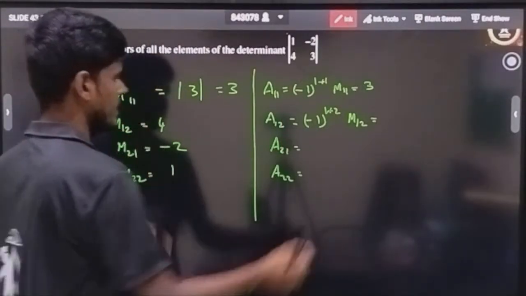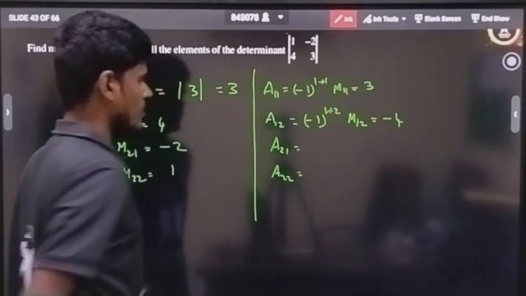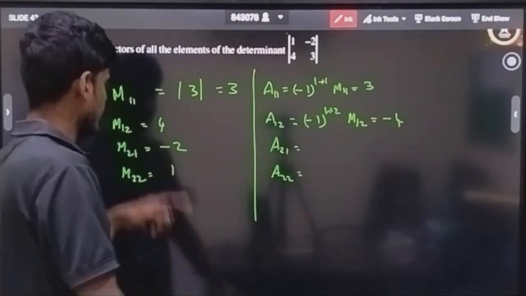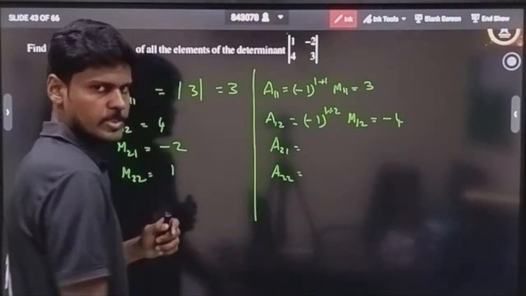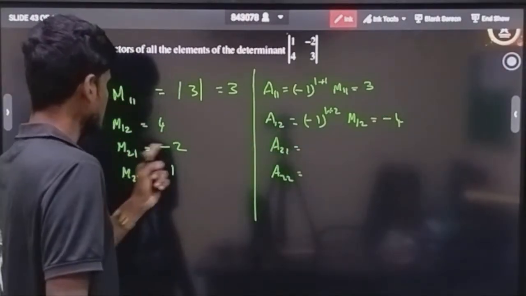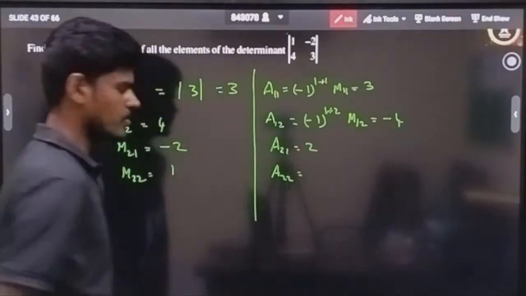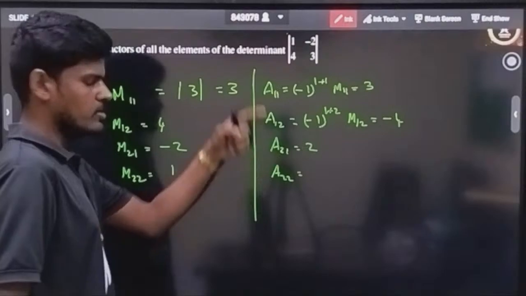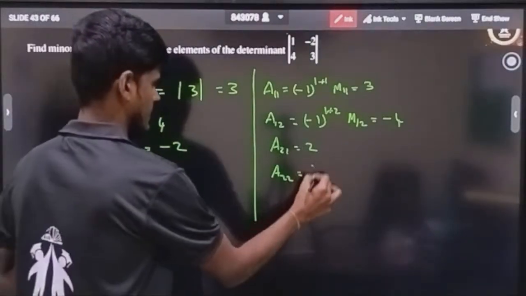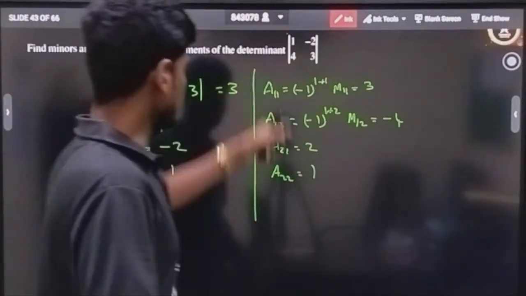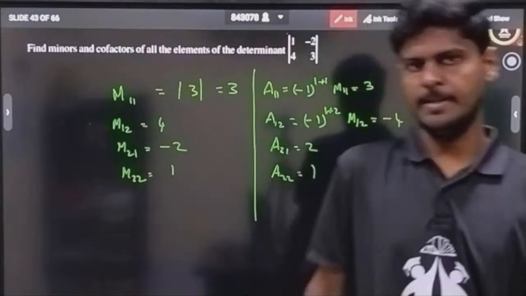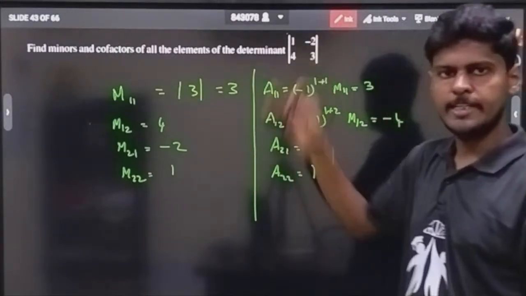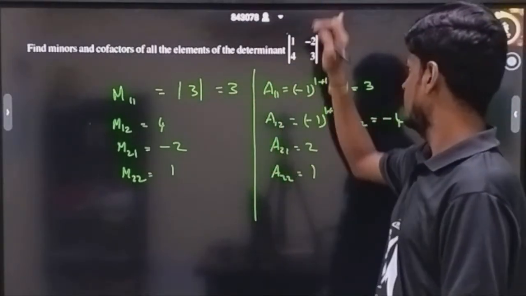So the final answer is minus 4. Now can you answer for A21? A21 will be minus of, because 2 plus 1 is 3, an odd number means minus. Minus of minus 2 is 2. Next, 2 plus 2 is 4, an even number, (-1) power 4 is 1. Answer is 1. These are the cofactor values of all the elements. Minor and cofactor, this is how we should calculate.